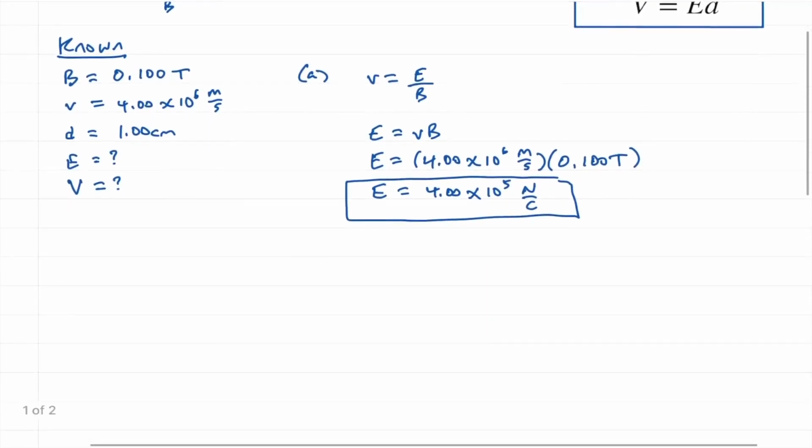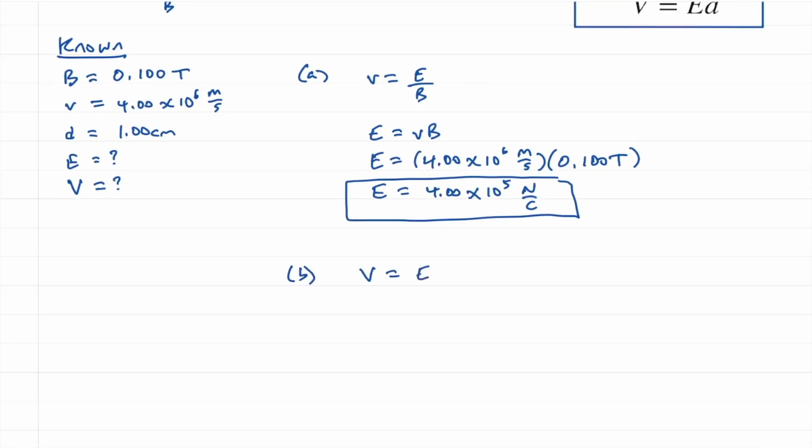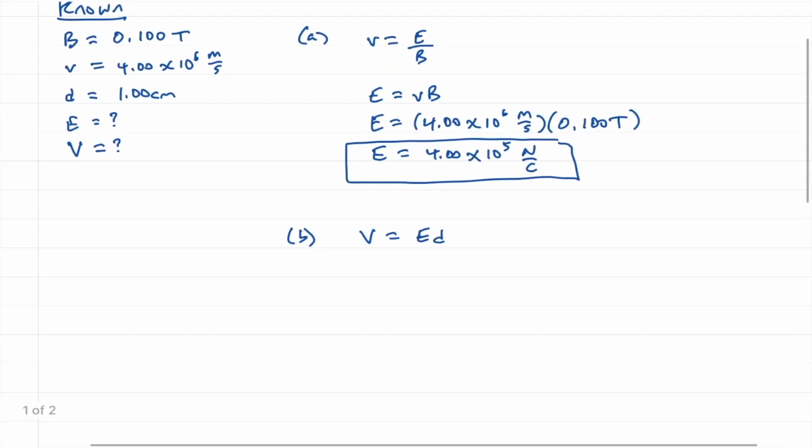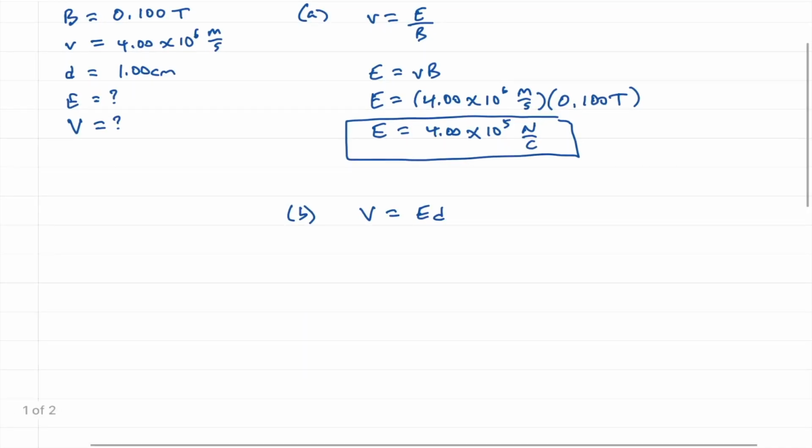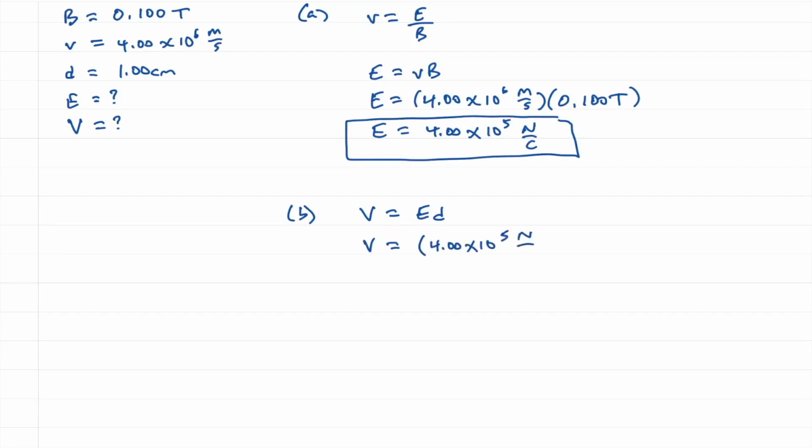Part B, we want the voltage between the plates, and we're going to use voltage is Ed. Note, we're not using the minus sign since we're looking for the magnitude of electric field. Well, we found the magnitude of electric field. We're looking for voltage. Okay, so voltage is going to be the 4 times 10 to the 5th newtons per coulomb times the 1 centimeter that we need to convert.